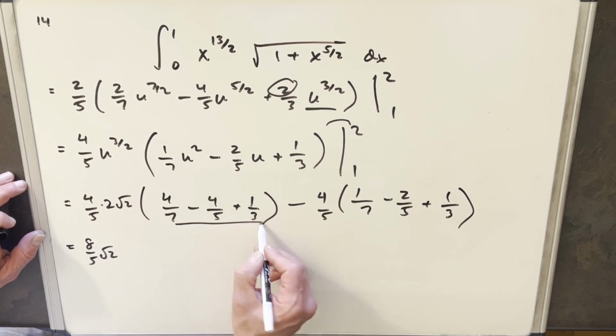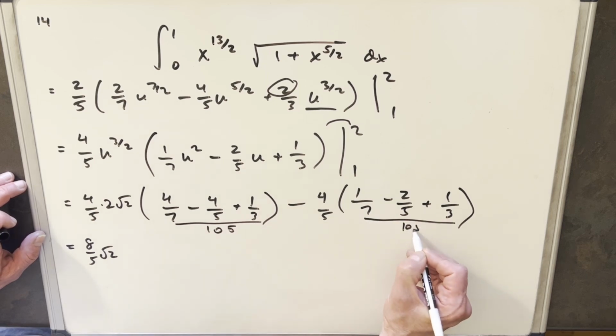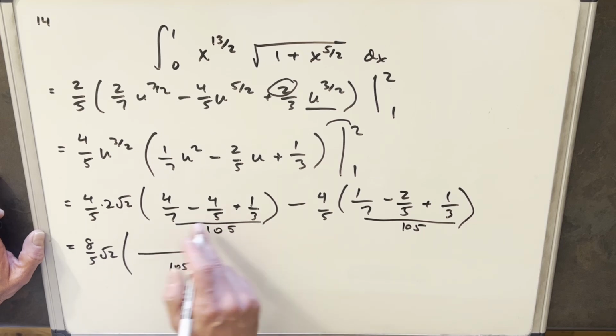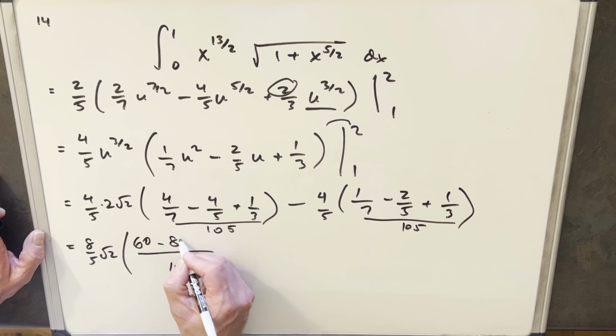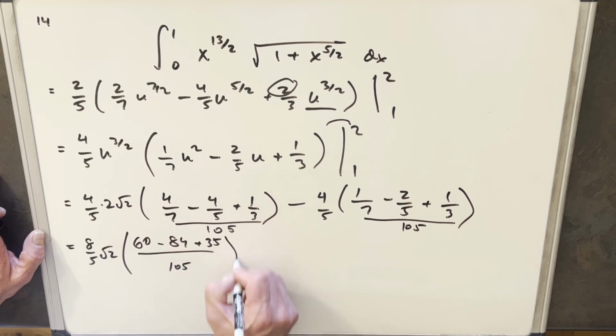Now on each of these, I'm going to get a common denominator. Multiplying all these together, my common denominator is going to be 105. So doing that here, we'll have 15 times 4 is 60, 21 times 4 is 84 with a minus, and 35 times 1 is a plus 35.